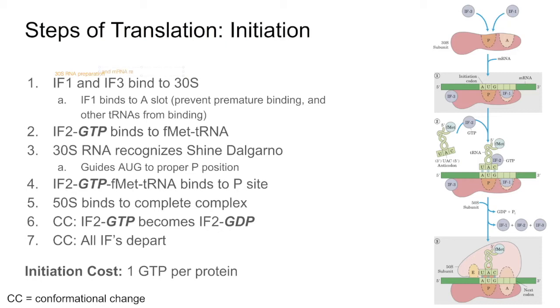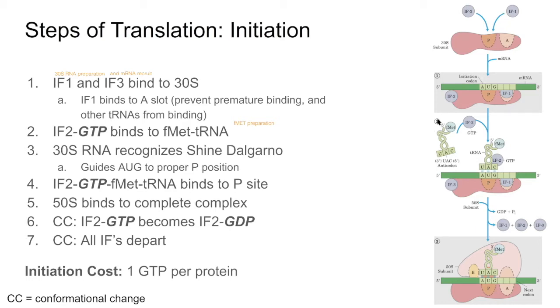The next step is preparation of the first amino acid, fMet preparation. So fMet tRNA is available.